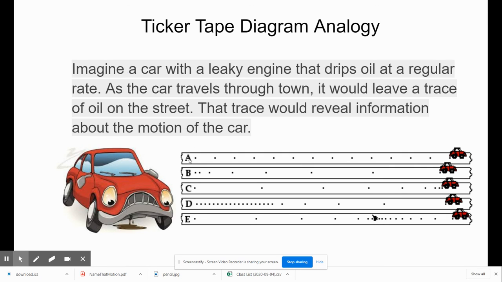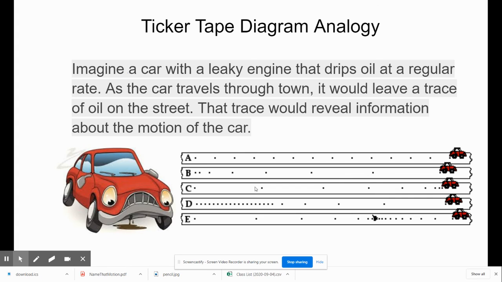For example, I noticed that these little oil drips are spaced perfectly evenly apart. That tells me that this car is going at a constant speed. It's not speeding up, it's not slowing down. But look at this one. The oil drips were closer together, and then the oil drips started moving farther and farther apart.